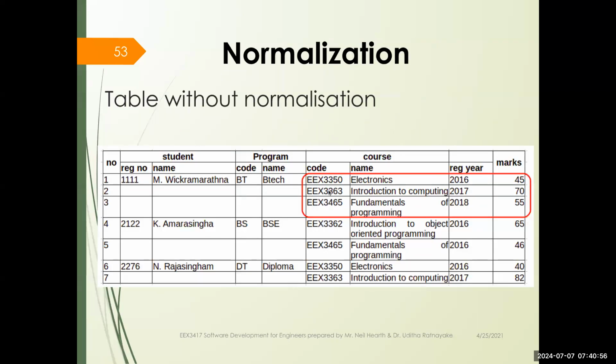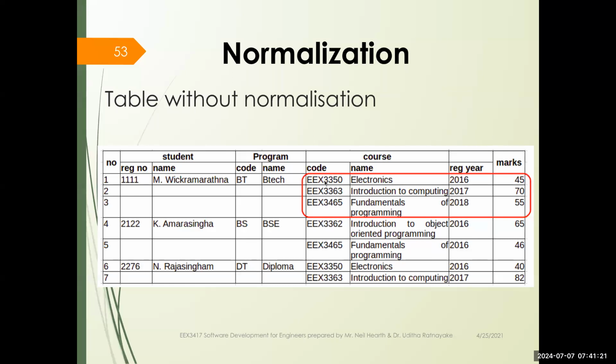Normalization. Normalization: now, without any normalization, registration number, name, program code, program name, all in one table.